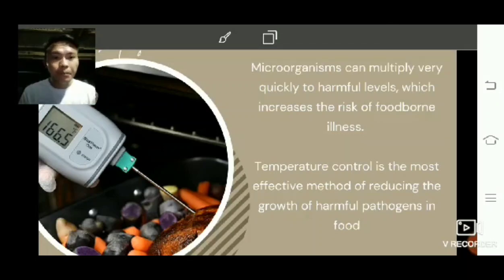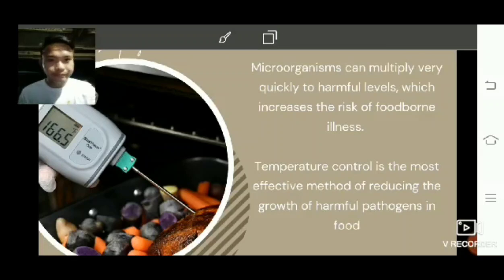And temperature control is the most effective method of reducing the growth of harmful pathogens in food. So yes, exactly. This is one of the most important ways to reduce the growth of harmful pathogens.